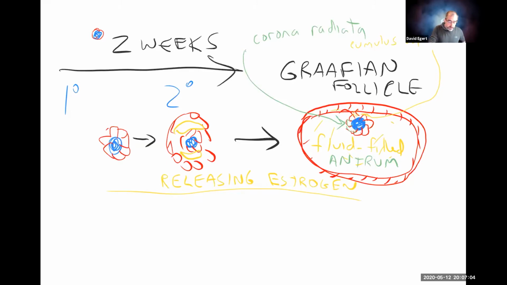From primary follicle to Graphian follicle is about 2 weeks. This is like the first half of the cycle. In the ovary, FSH is going up and follicle is developing into this.